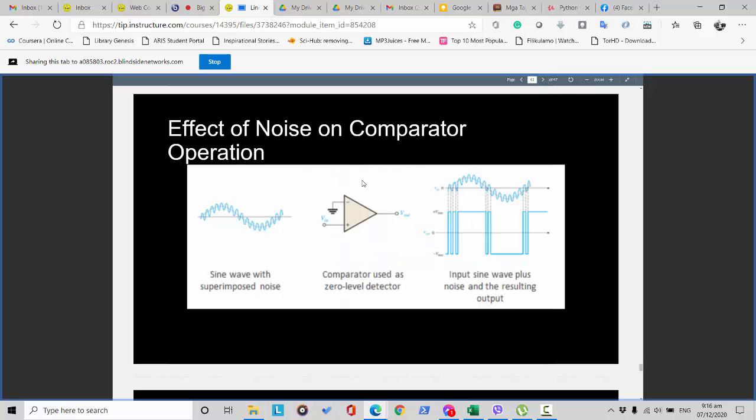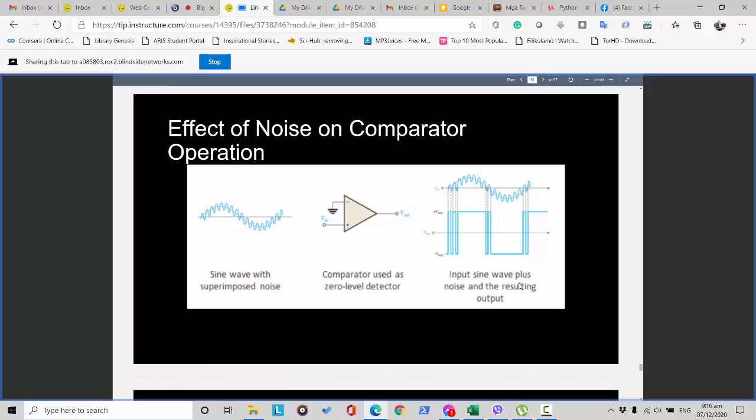Now this is also an idea on the effect of noise on comparator operation. So we have a sine wave with superimposed noise here as our input. If we try to use this with a comparator, it will be used as a zero level detector. So what happens to our sine wave with this superimposed noise?